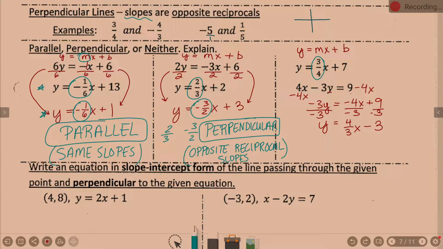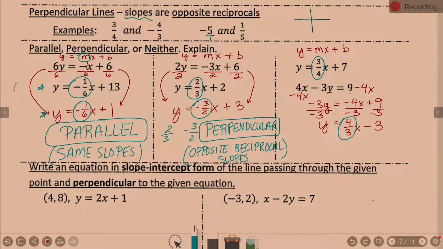What's the slope of this line? 4/3. Yeah, that flipped. Okay, so are they the same slope? No, so they're not parallel. And the other option is opposite reciprocals. David, you said they're flipped, right? 3/4, 4/3.